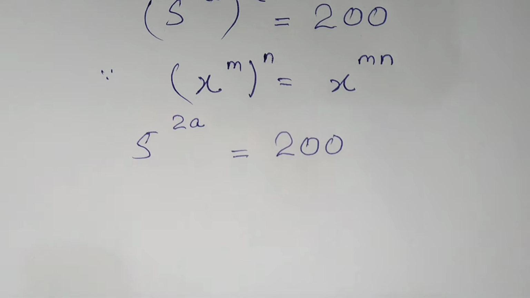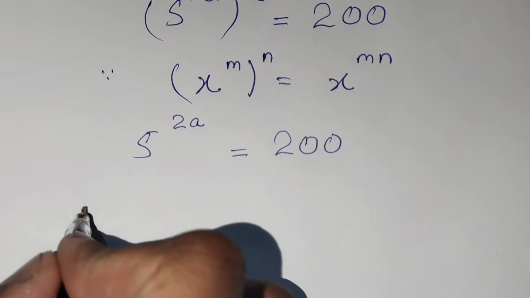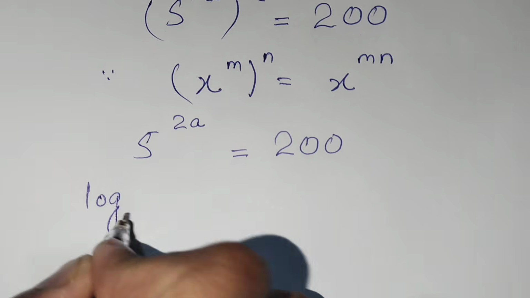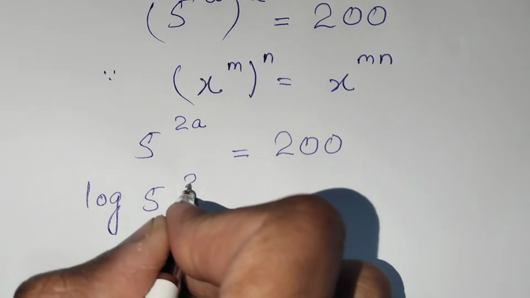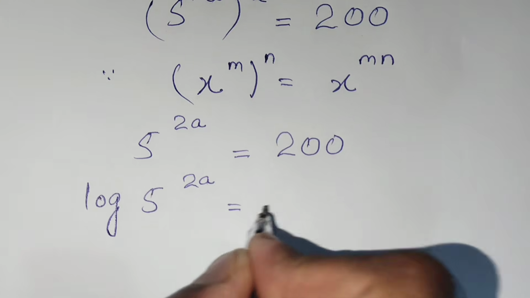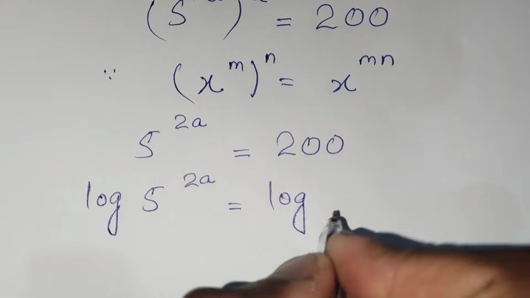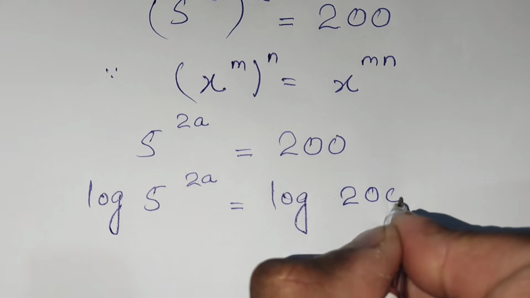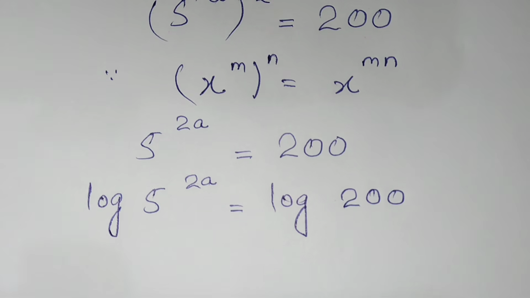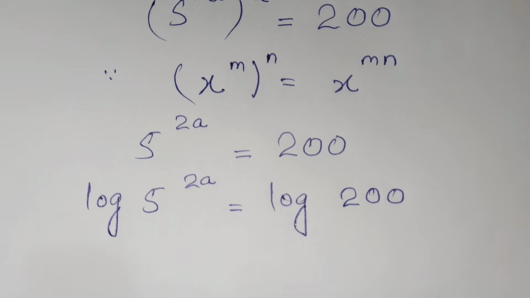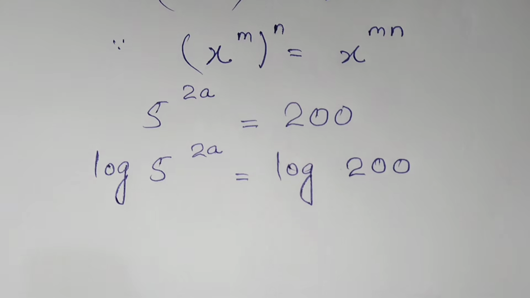Now take the logarithm on both sides of the equation. Log of 5 power 2a is equal to log of 200. Now we'll use the power rule of log on the left hand side.